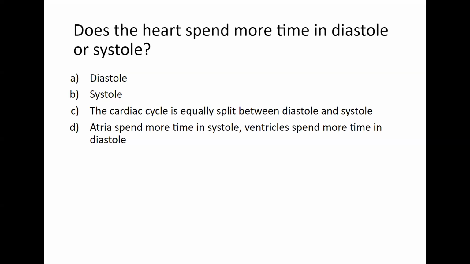So we can't have the atria spend a different amount of time in systole, because we refer to the whole heart as being in systole, even though we define it by the state of those ventricles. So diastole is a little longer than systole. The heart is relaxed more than it's contracted.